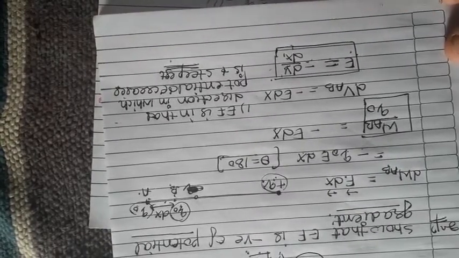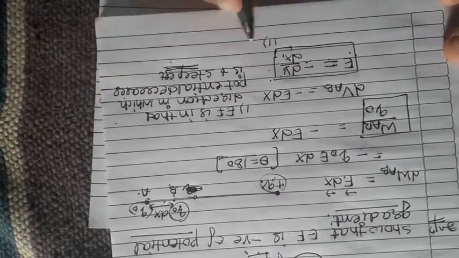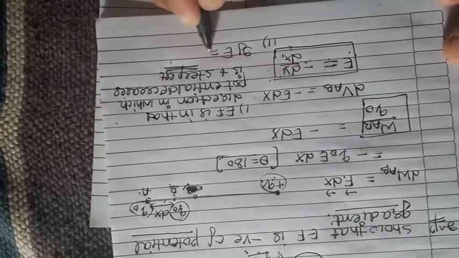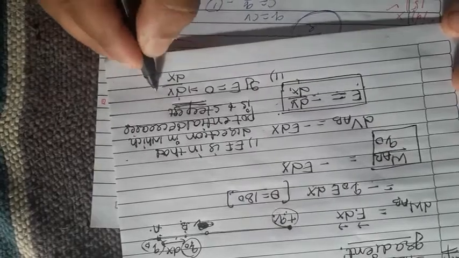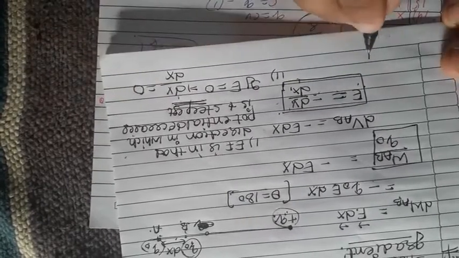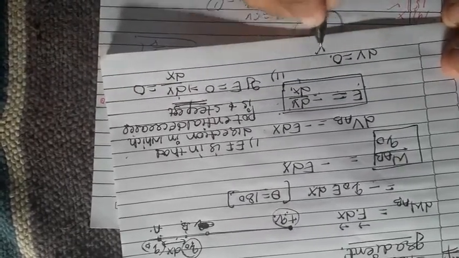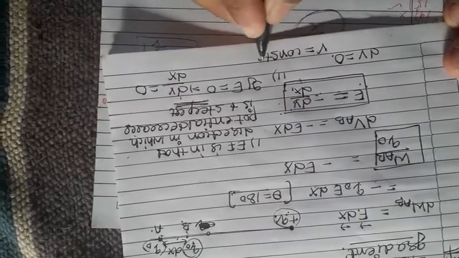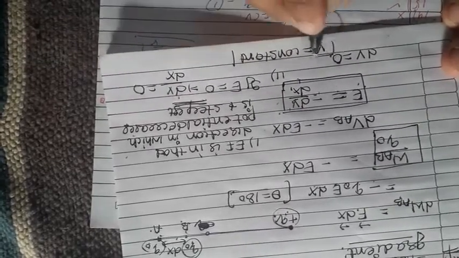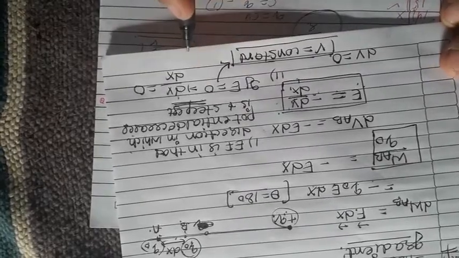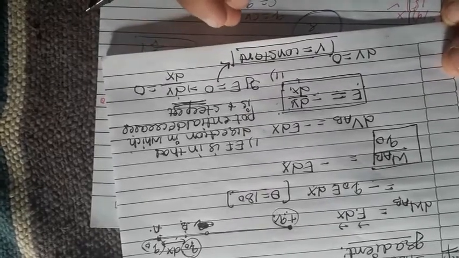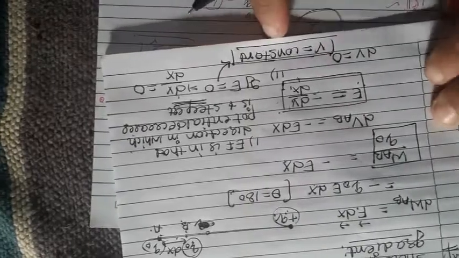Always remember. Second, the important thing is if E equals 0, this implies dV by dx equals 0. This implies dV equals 0. It means V equals constant. It means if in some region electric field is 0, in that region V may be 0 but may be constant.